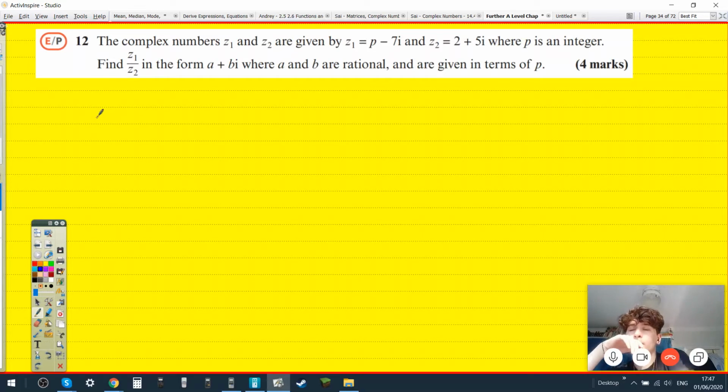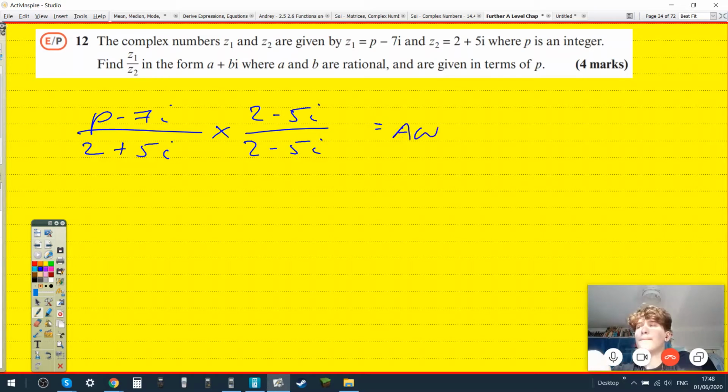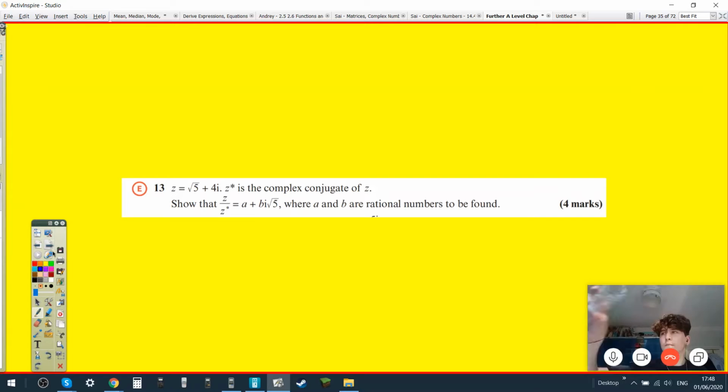Something's wrong. That would be squared, wouldn't it? Minus 2 minus 5i. Yes, so that is multiplied by 2 minus 5i over 2 minus 5i, and then you just get your answer. I was just checking that it would be 2 minus 5i top and bottom.